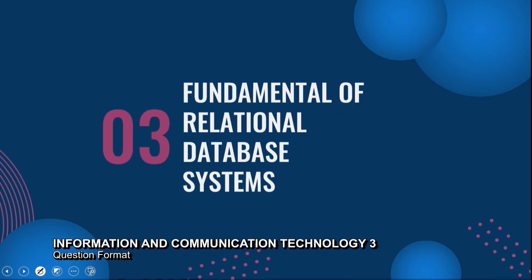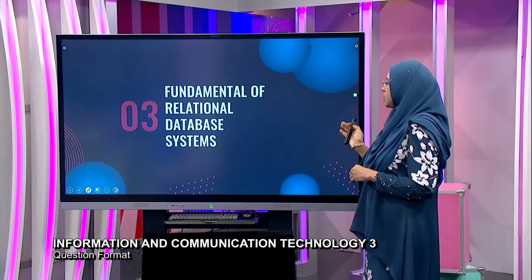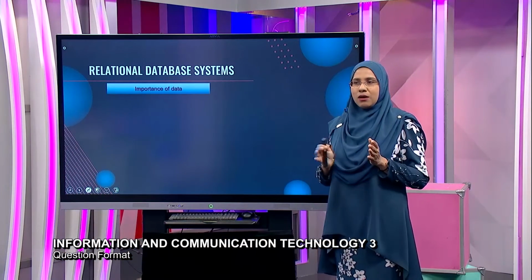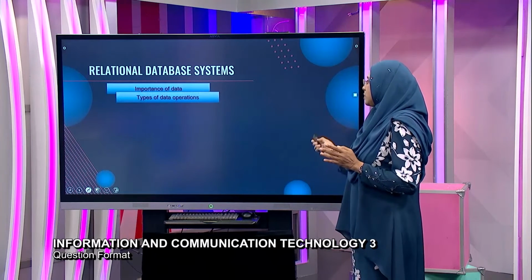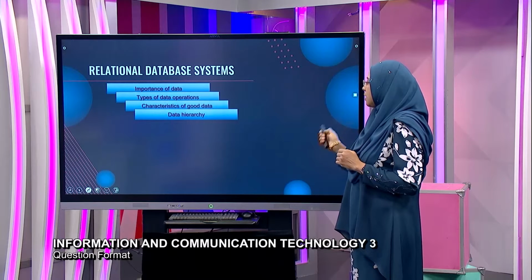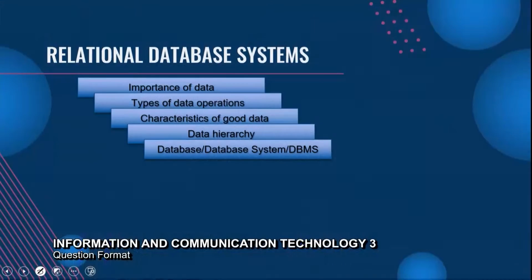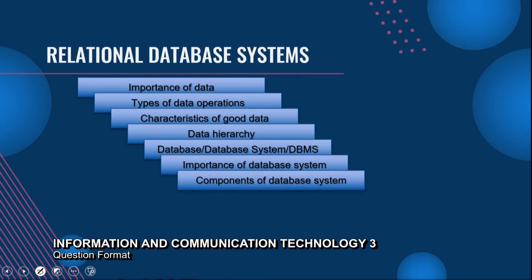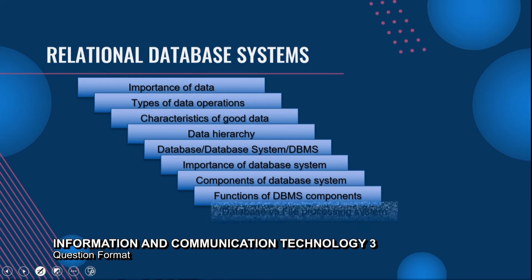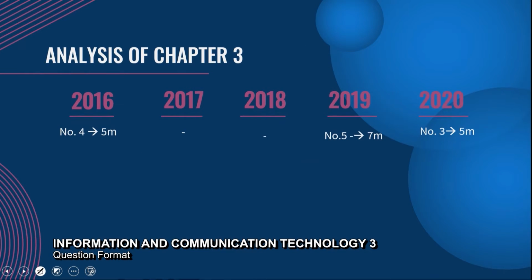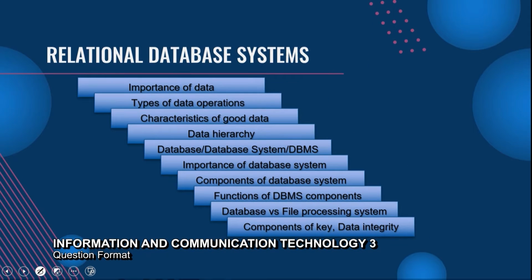We move on to chapter 3, fundamental of relational database system. Here you learn all about data: the importance of data, types of data operation, characteristics of data, data hierarchy, database system, DBMS, importance of database system, components of database system, function of database components, database versus file processing system, and components of key and data integrity.